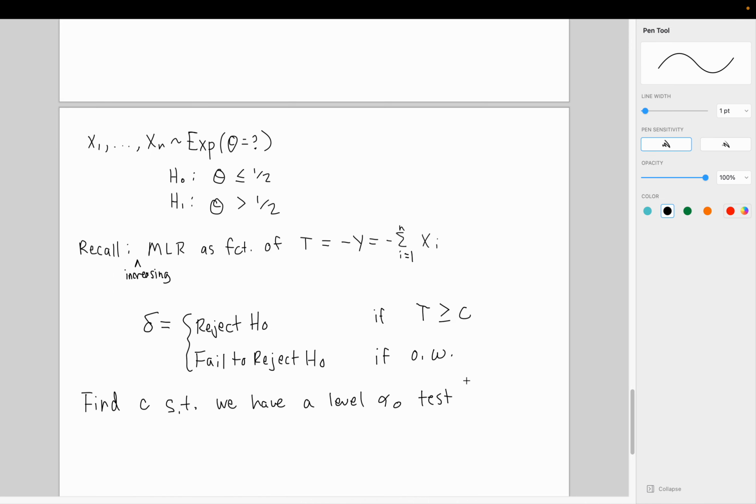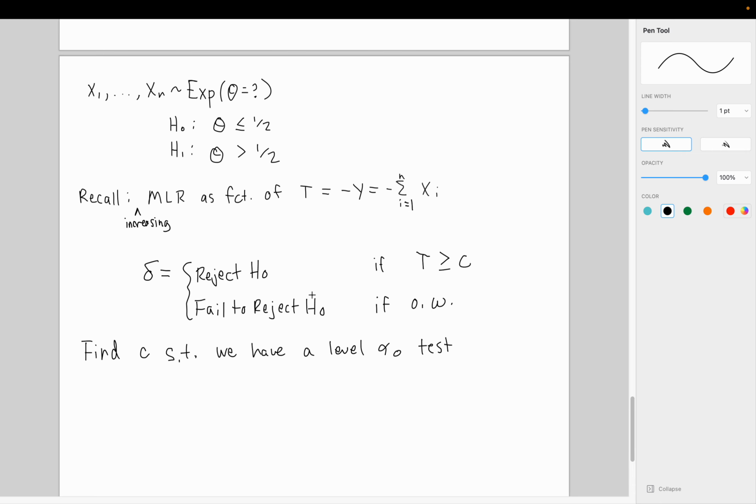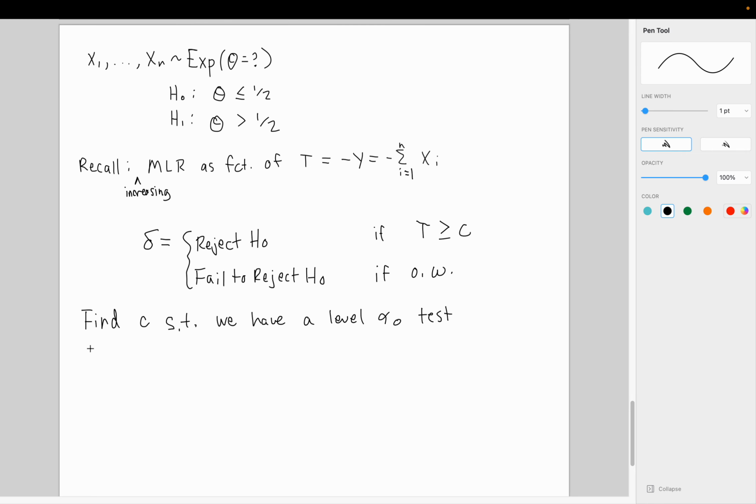We can do that using the distributional properties of t. Now recall that y is distributed gamma(n, 1/2), which is the equivalent of a chi-squared distribution with 2n degrees of freedom if H naught is true.